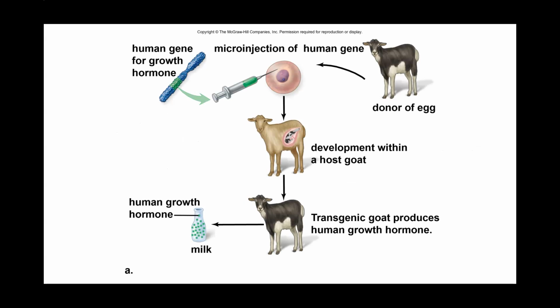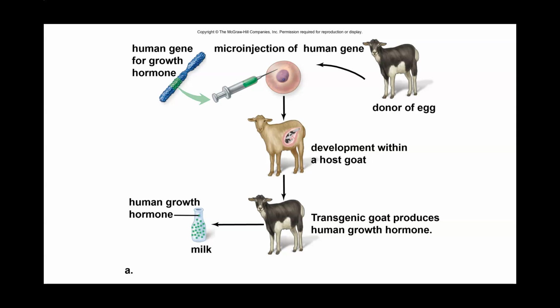Here we have human growth hormone. That gene is taken out of a chromosome, and that human growth hormone gene is then injected into the egg of a goat.